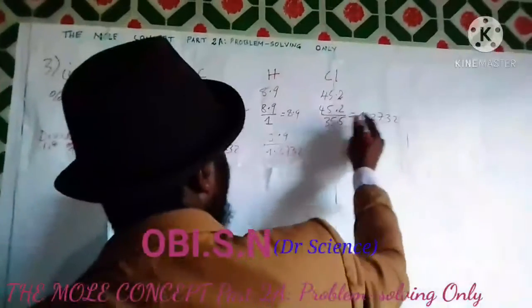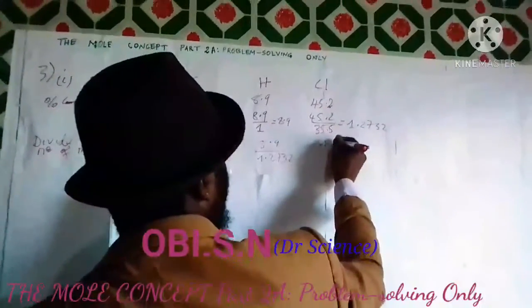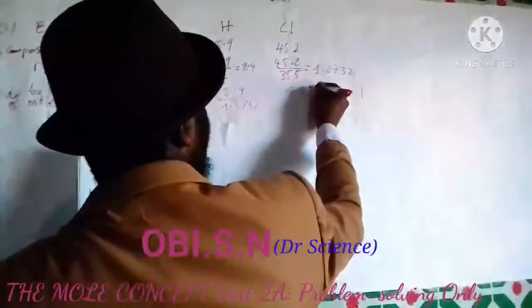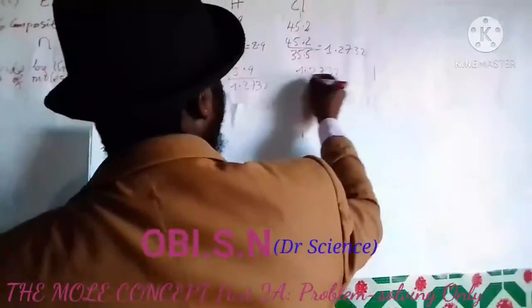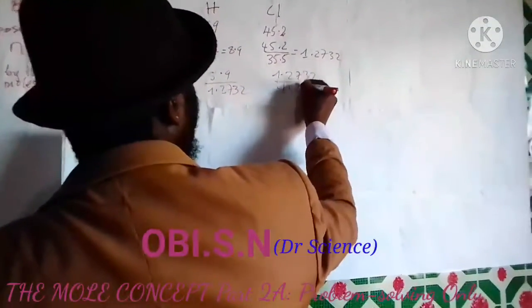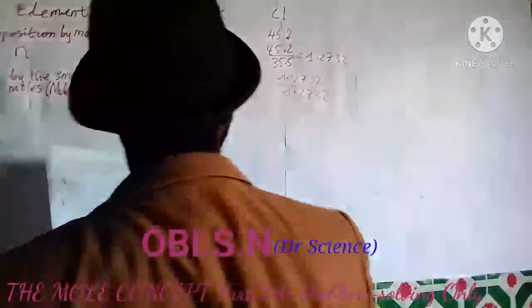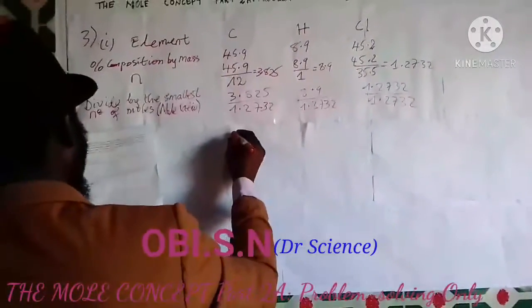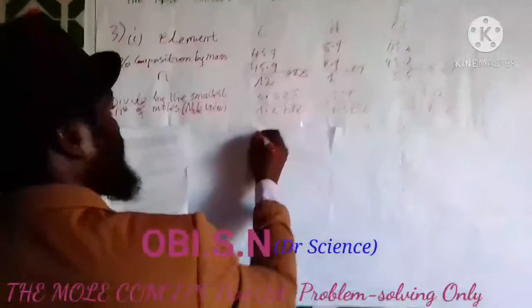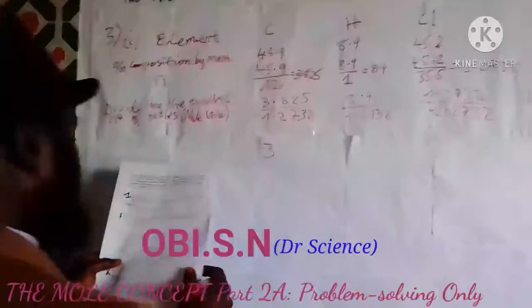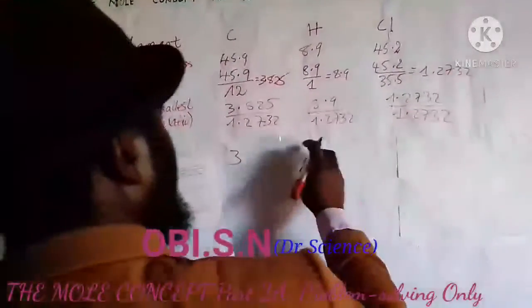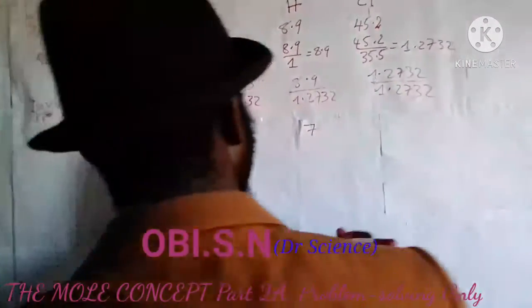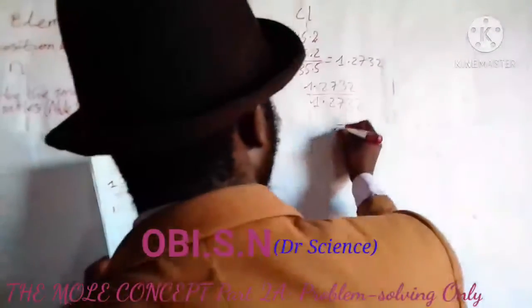And finally we divide this 1.2732 divided by itself, 1.2732. Here we have 3. Here we have 7. And finally, here we have 1.